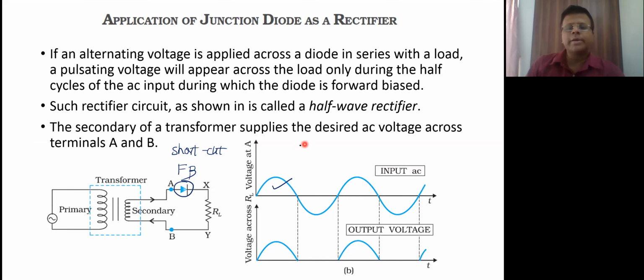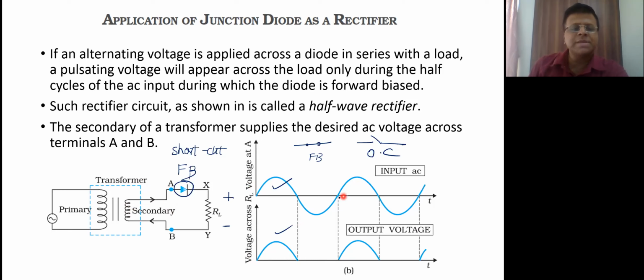That's how we model a diode. A diode is modeled as a short circuit when it is forward biased, and it is modeled as an open circuit when it is reverse biased. Open circuit means very less current flowing. So in the forward bias situation, the current will freely flow and you will have a drop here like this. And as the input voltage varies, the input current will also vary and the output voltage will also vary in the same fashion. So that is why we get a graph like this for the positive cycle.